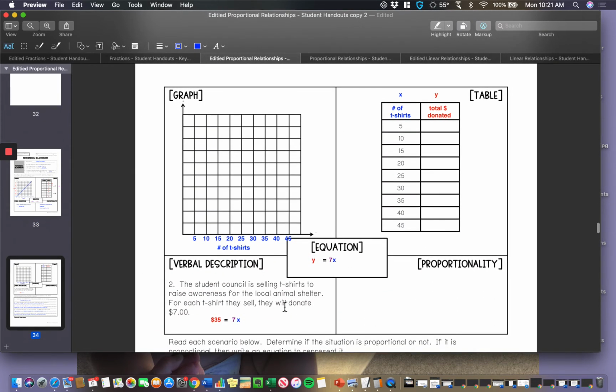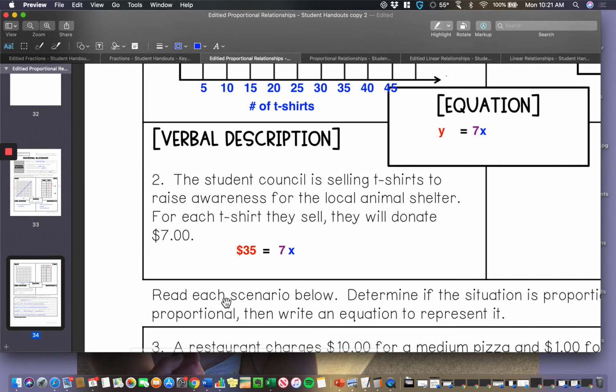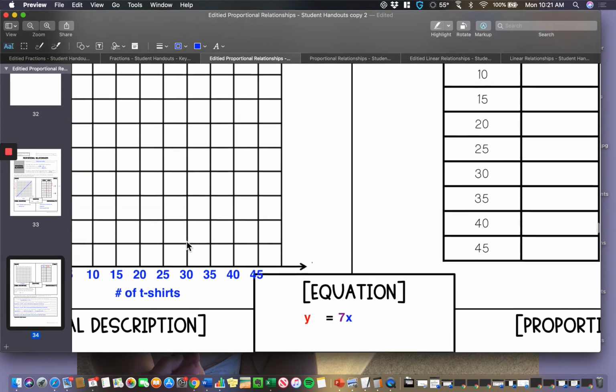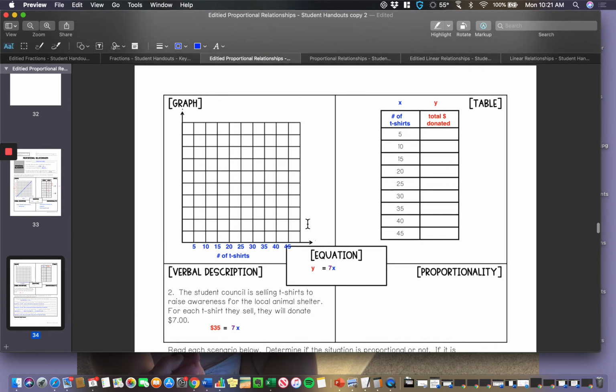So the information that was given to us was in this verbal description. The student council is selling t-shirts to raise awareness for a local animal shelter. For each t-shirt they sell, they will donate $7. So, in my table up here, I can start to fill this in.